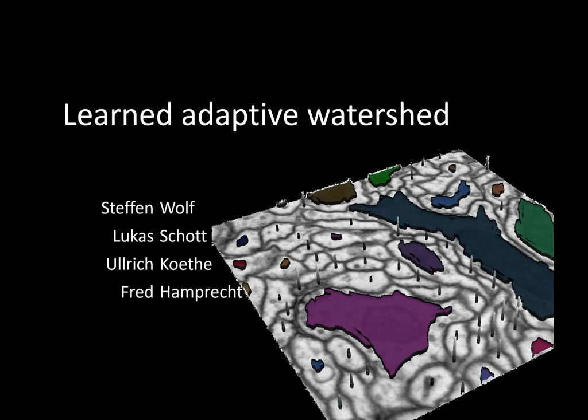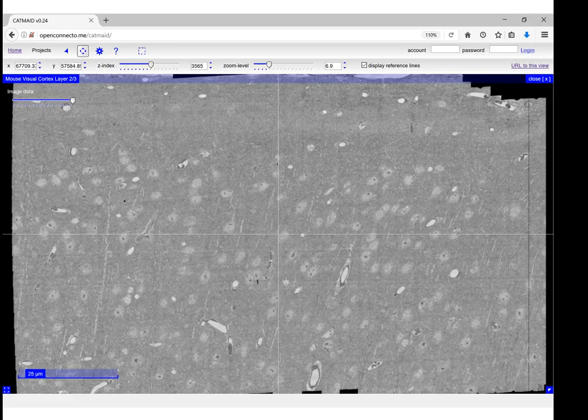This is the work of Steffen Wolf, who's a PhD student in the group, Lukas Schott, who wrote his master's thesis, Ulrich Kötte and myself. And we here looked at a seeded segmentation algorithm. Before diving into the algorithm, I want to show you what problem we've been using this on. This is beautiful data from Davi Bock.